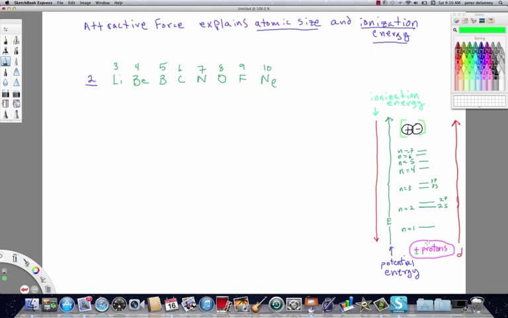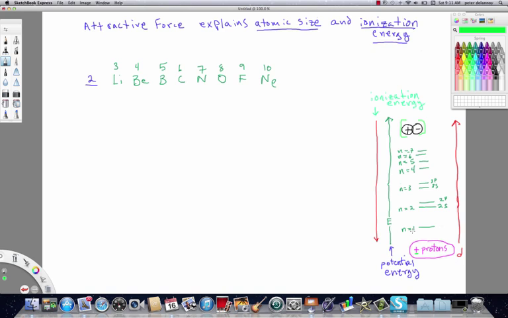All right, now in the diagram I show the energy levels that we have in the atom, where N1 is the energy level that is closest to where the protons are. We say that this energy level is lowest in energy, and when we use that term we mean lowest in potential energy.